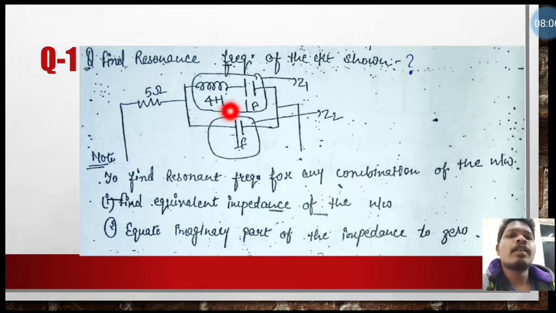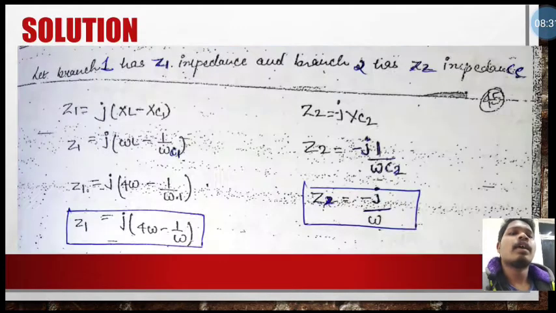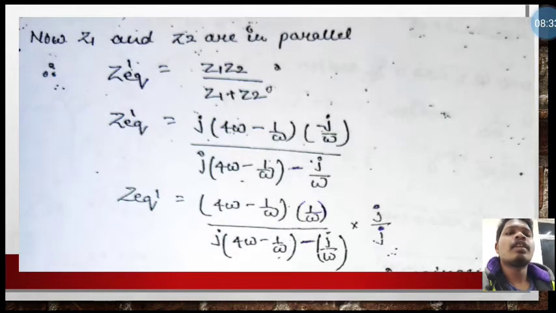Okay, so this is the Z1 and Z2 equivalent, the equivalent impedance of the parallel combination. This equivalent impedance contains the imaginary term everywhere, but here there is only the real part, not any imaginary part. So we need to neglect this part and consider the imaginary part only.